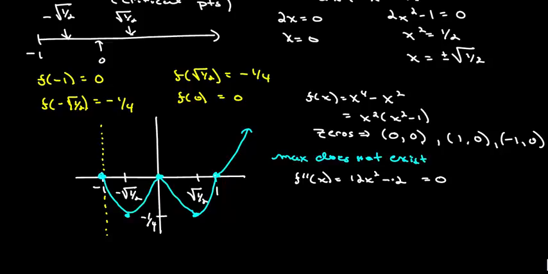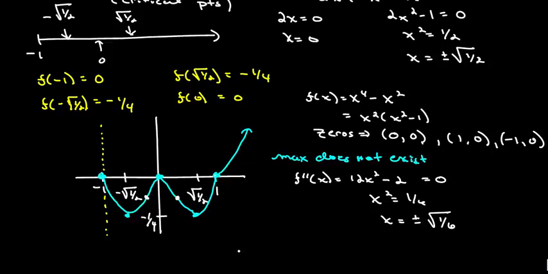Well, solving this will give me x squared is equal to 1/6, so x is equal to plus or minus the square root of 1/6. So somewhere right in here, roughly, we change concavity, and somewhere right in here, roughly, we change concavity. Concave up, to concave down, back to concave up.